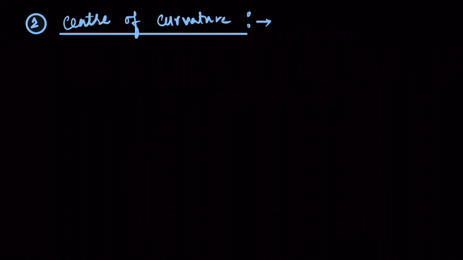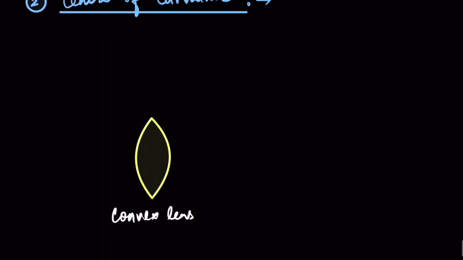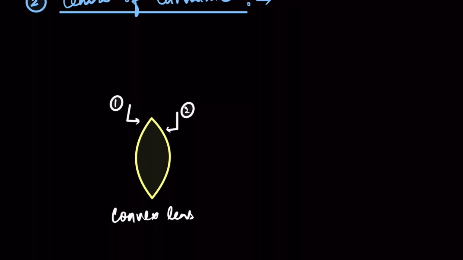Next is center of curvature. So what happens if we have a convex lens? Here in convex lens, we have two transparent surfaces. If I name it as surface 1 and here is surface 2. So based on these two surfaces, we have two spheres.